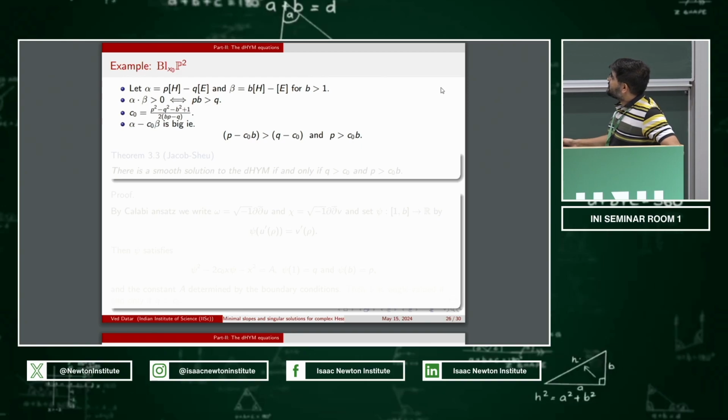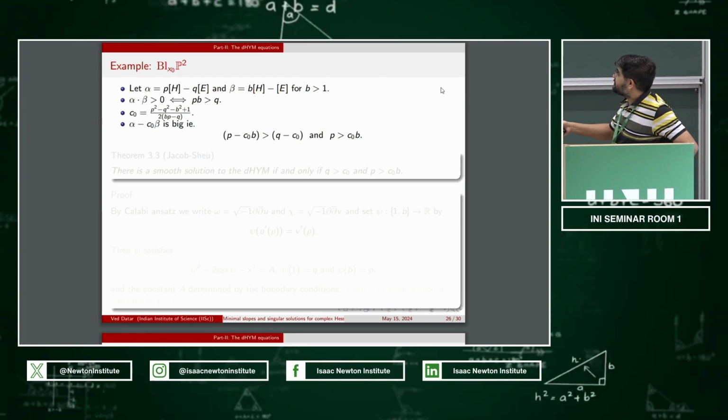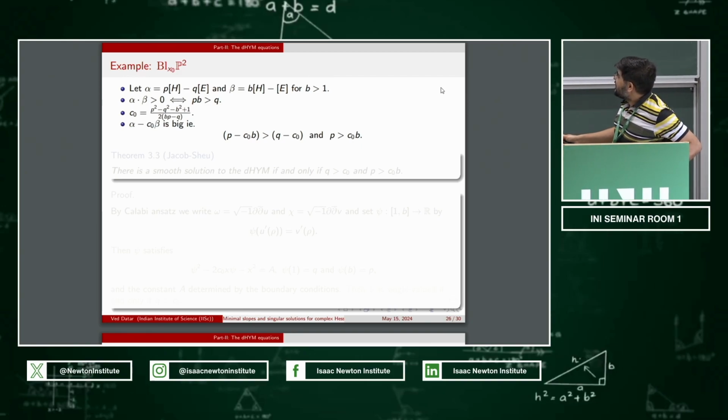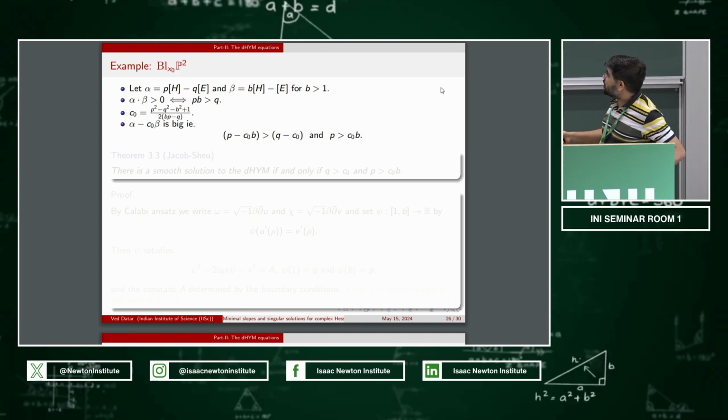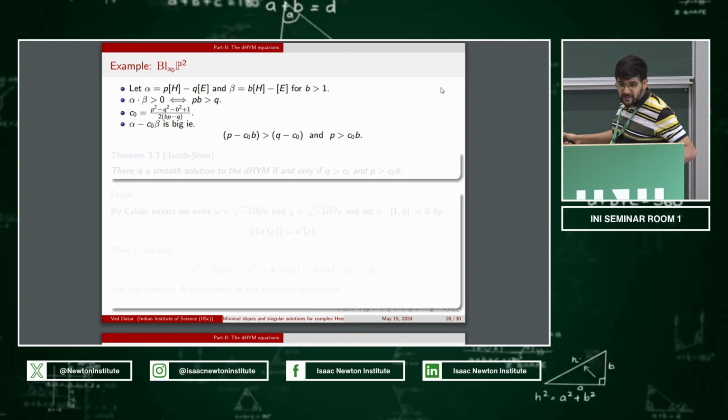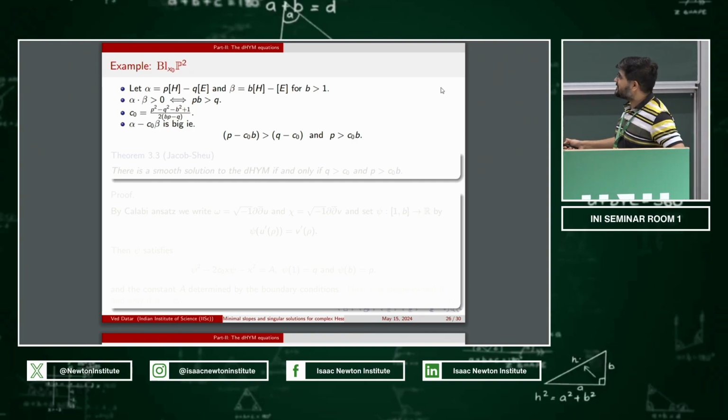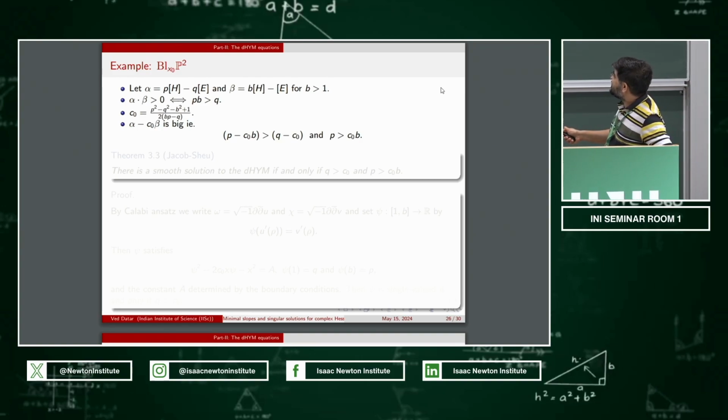Then you can explicitly compute all these numbers, and you can explicitly check that alpha minus C naught beta is big by doing this calculation.